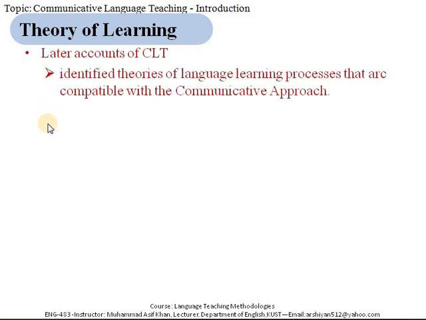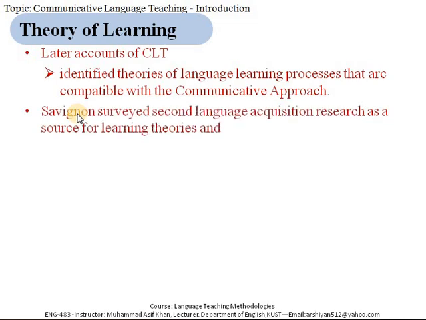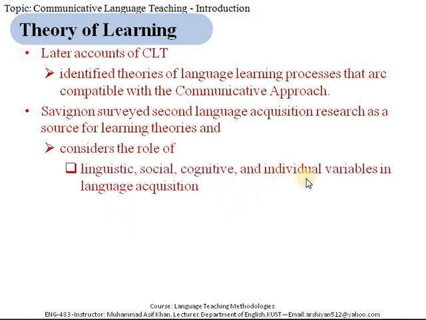Now let's move towards the later account of CLT, where we see that CLT identifies theories of language learning processes that are very much compatible with the communicative approach. And we see that Savignon surveyed second language acquisition research as a source for learning theories, and he describes the role of linguistic, social, cognitive, and individual variables in language acquisition.